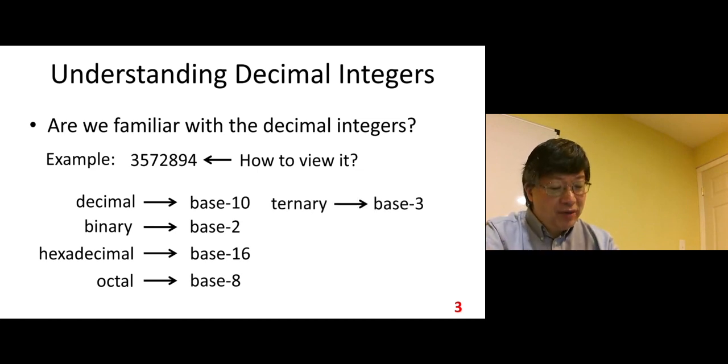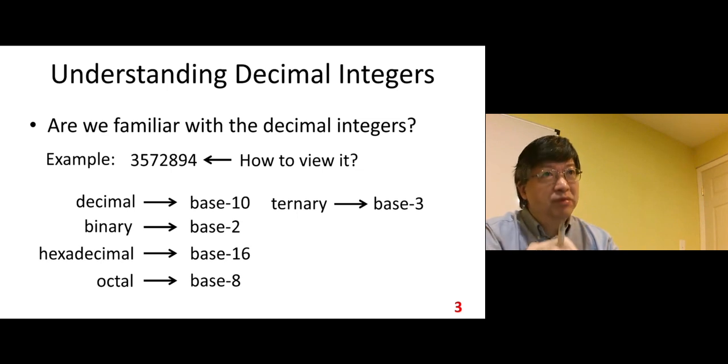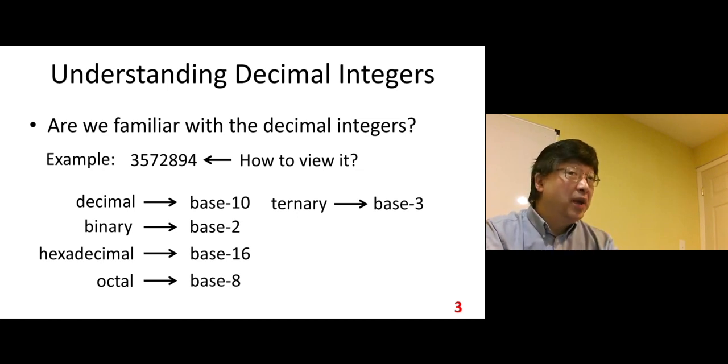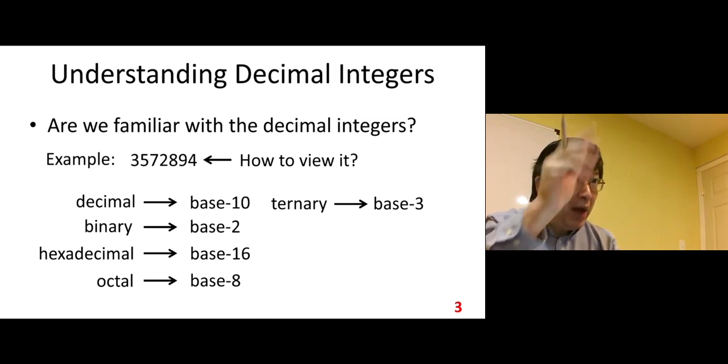Ternary, so base 3 representation. We do not have good examples for it. But when we go to the general case, we do not need any specific real-world example, but in some special real-world situations, we can easily think in that way.